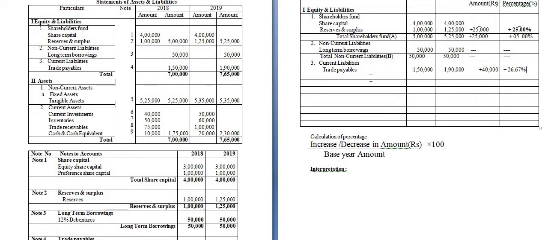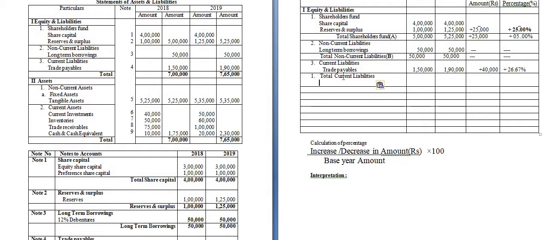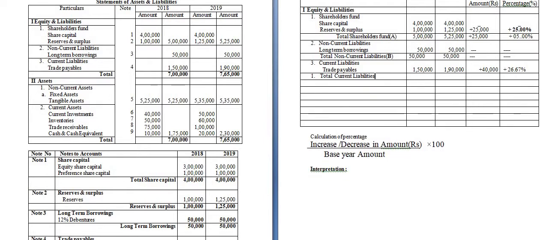Now write here total current liabilities. Next line, total current liabilities in bracket C.